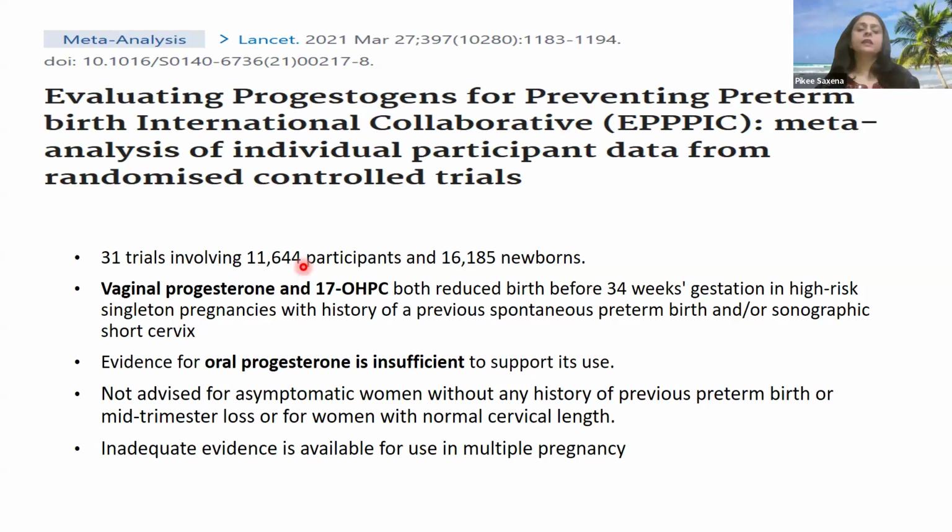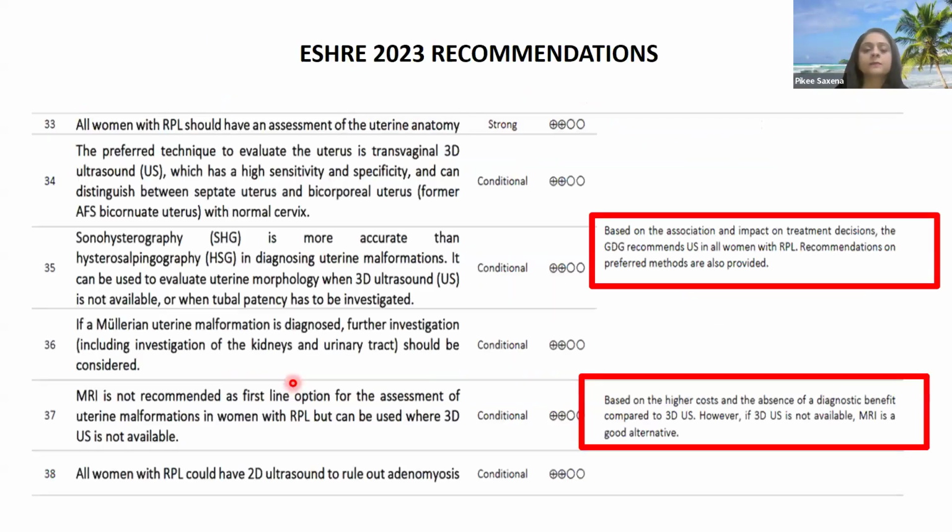What they found was that vaginal progesterone and 17-hydroxyprogesterone caproate both reduced preterm deliveries in high-risk pregnancies with history of previous spontaneous preterm birth and sonographic short cervix. So they are not exactly talking about abortions. They are also including till 34 weeks. And they have said that evidence for oral progestogens is insufficient.